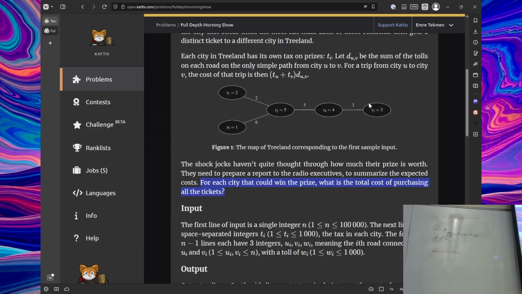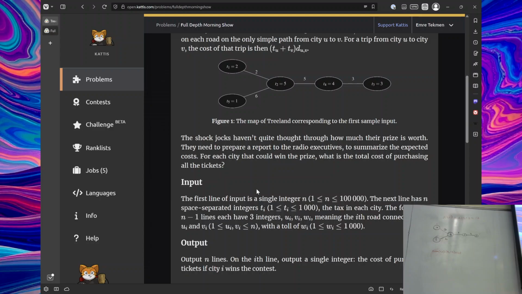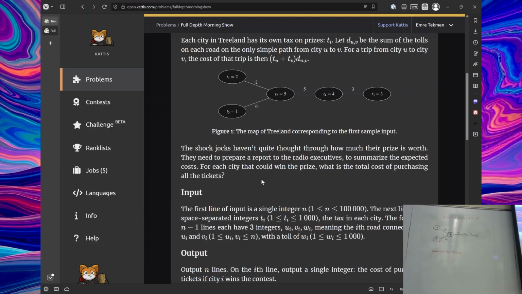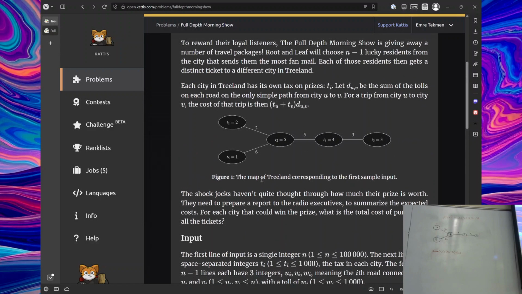So each city could win the prize, and remember, the prize is the trip, right? They don't know where the winner is going to come from, so they need to calculate the cost for all the possible trips.